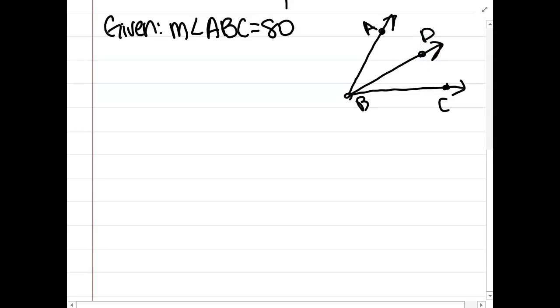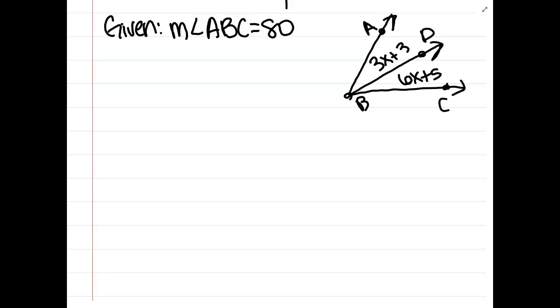And D will be right there. And then they'll give me a couple of expressions. So we have 3x plus 3, and then this one is 6x plus 5. Remember, even if those angles look like they're congruent, unless they tell you that, you cannot assume that. Okay?